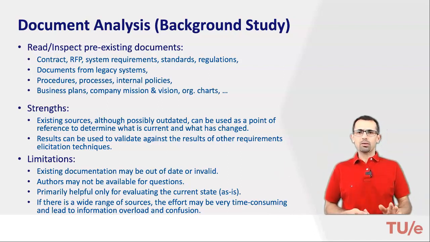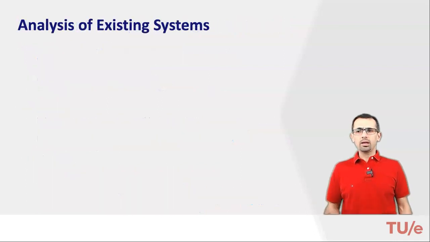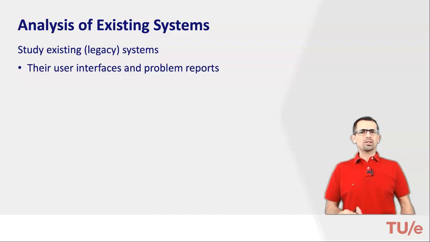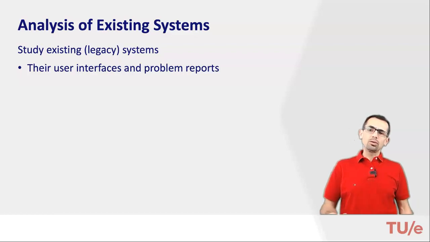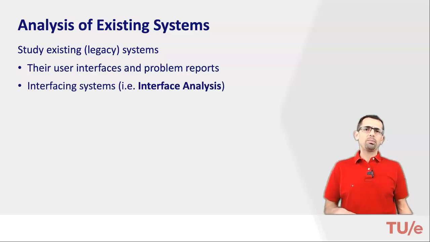Document analysis, background study. Analysis of existing systems is a little bit similar to document analysis. They just study the existing systems, sometimes also called legacy systems, their user interfaces, problem reports.